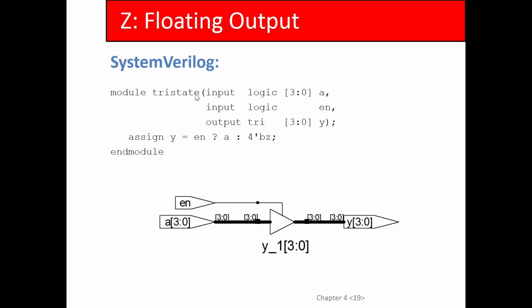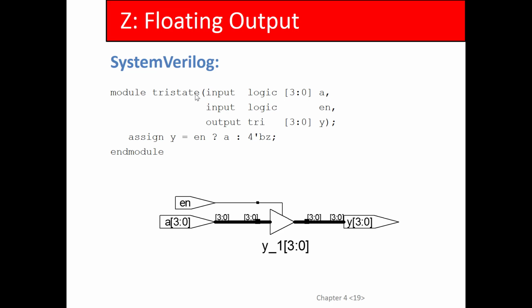If you do want to have 2 modules that drive one signal, but only have one do it at a time, you can use tri-state, which is when you assign a Z. In this case, A is going to get assigned to Y when enable is 1.